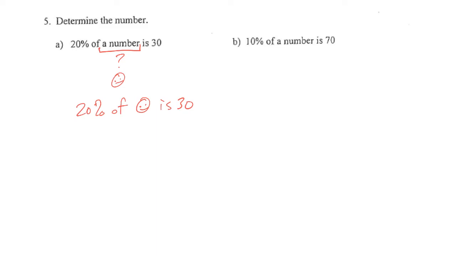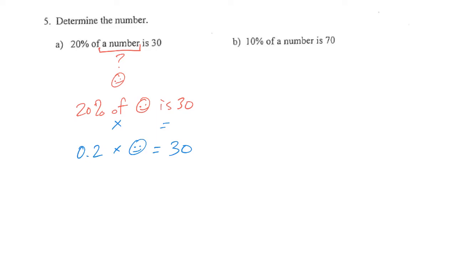What operation does of mean? And what symbol does is mean? Equals. You could take that red statement and we could turn it into 0.2 of happy face equals 30.